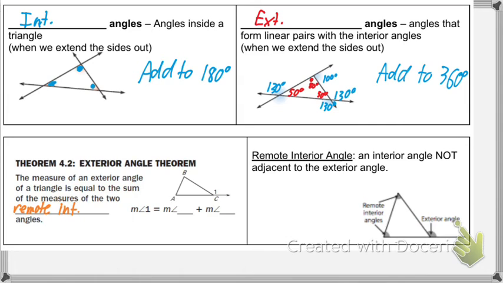Regardless of what this exterior angle is, let's say the measure of angle 1 in this diagram on the bottom left is 145 degrees. That means the interior angle it is touching has to be 35 degrees, because they're supplementary.